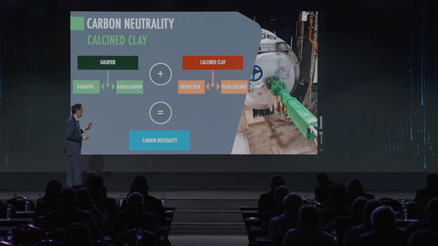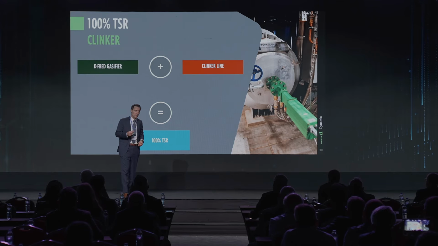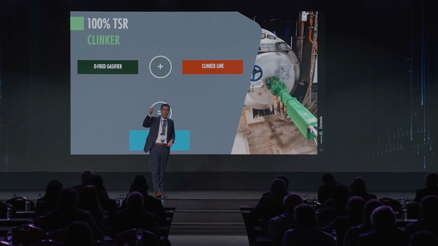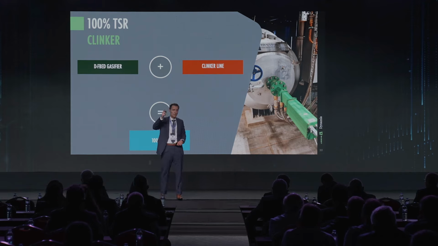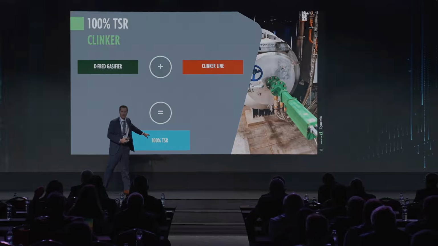And similarly, in a clinker line, using a DF bed gasifier, one for the calciner and another one for the kiln main burner, we can achieve 100% thermal substitution rate.